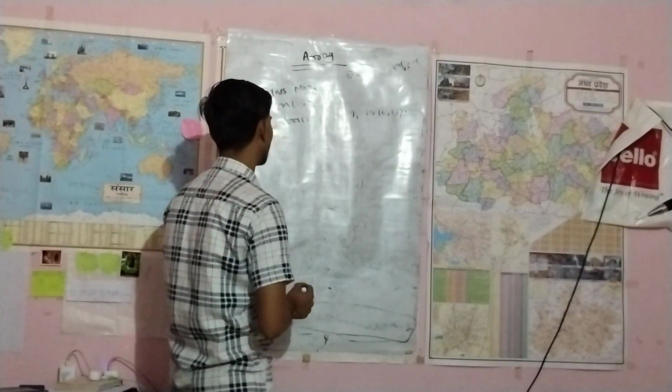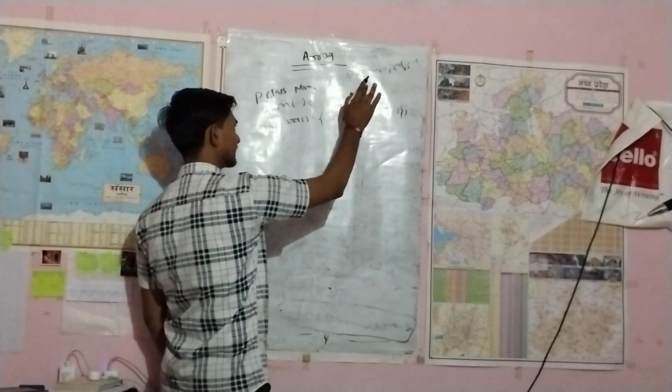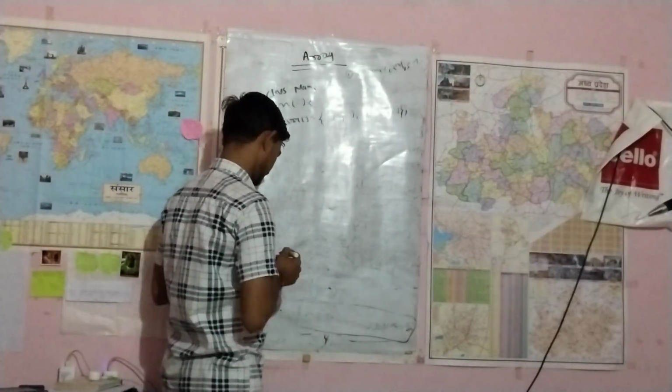Okay, you are given this array and you have to find the first, second and third maximum number.